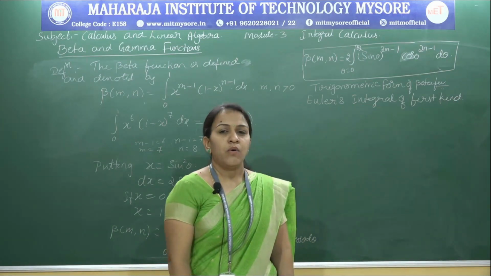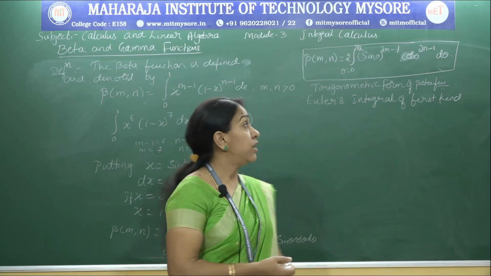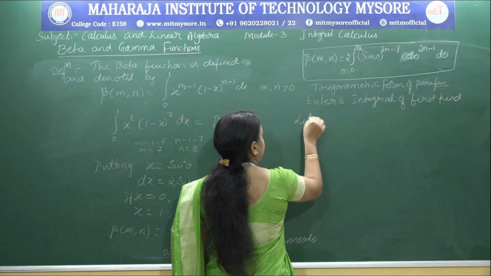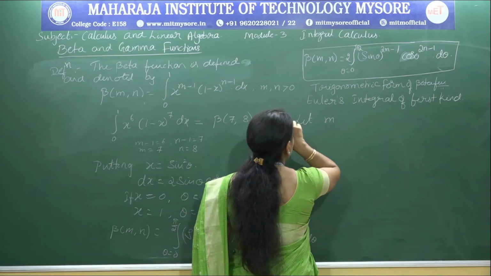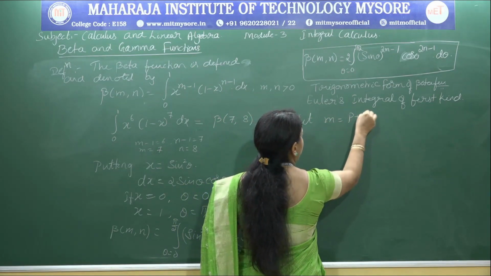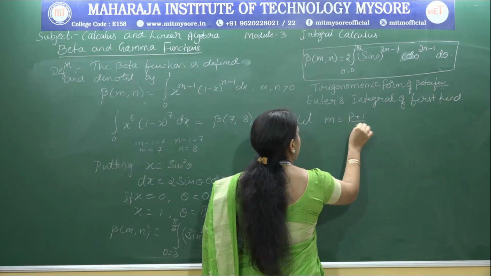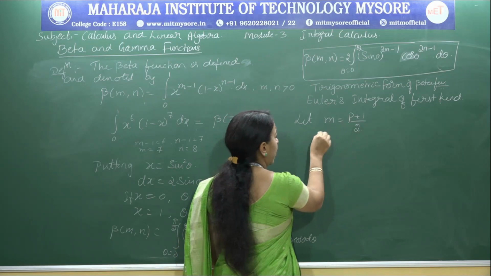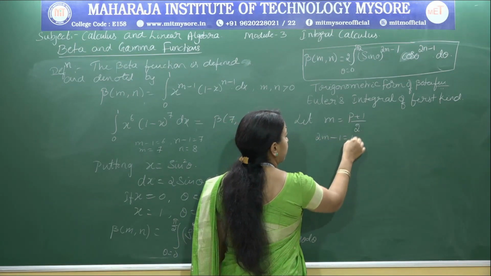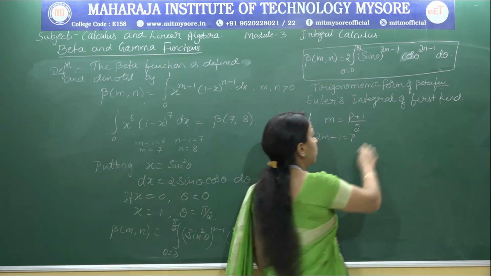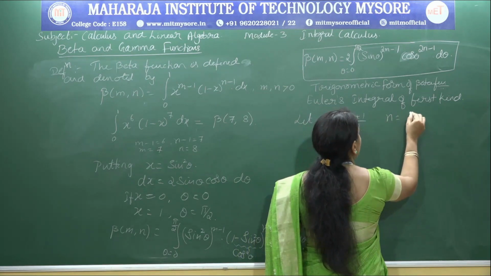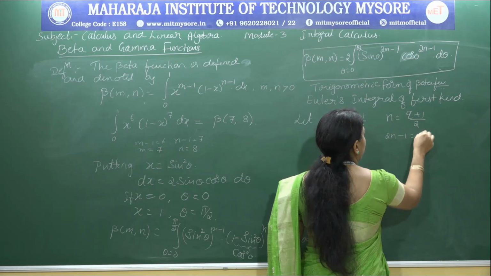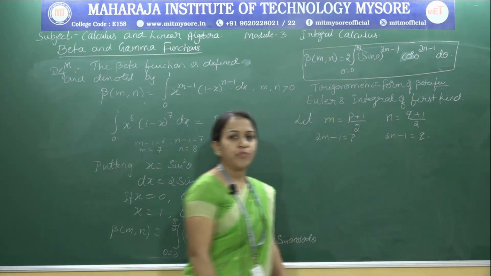Now, how to rewrite that in another form? Yes, by this substitution, I consider let m is equal to p plus 1 by 2, so that 2m minus 1 will be p, and also I consider n as q plus 1 by 2, so that 2n minus 1 will be q.